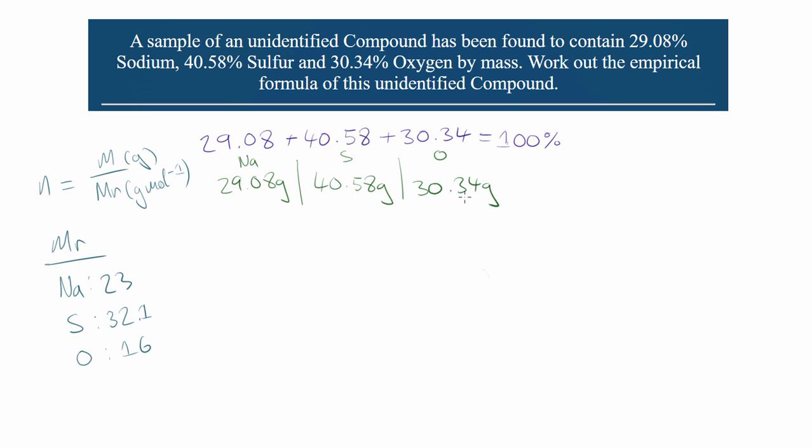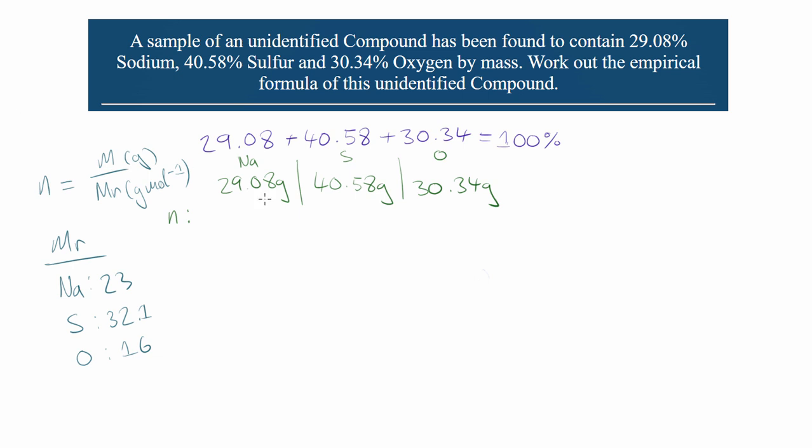Beyond that, we're going to now take our molar masses and we're going to use those to work out the moles, right? So in this case, the moles, I'm just going to put an n here, and the moles are going to be these values divided by their respective molar masses. And what's that going to give us?